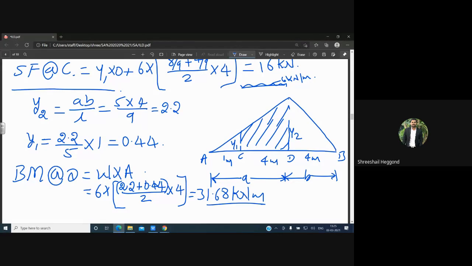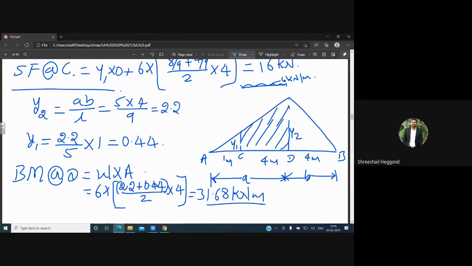This is when the loads are at constant distance. This is how we need to calculate the shear force, bending moment, and reactions at different points. Okay?